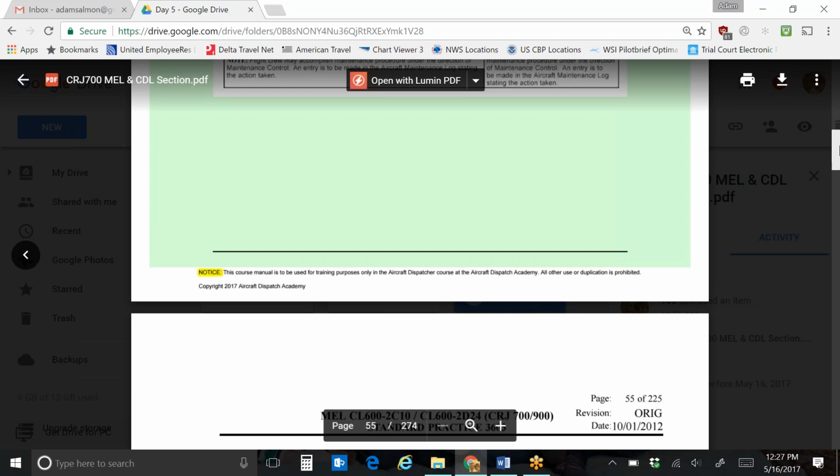You're looking for, okay, well, is the airport I'm leaving from 10 degrees Celsius or less with icing conditions present? Or is the area that I'm going to fly through, does that exist there? Does the destination that I want to land at have icing conditions? That's what you're looking for. And if it does, then you cannot dispatch that aircraft.